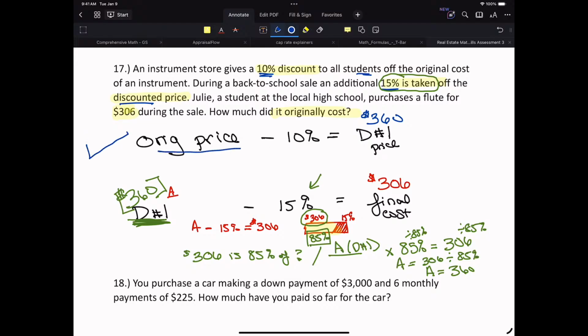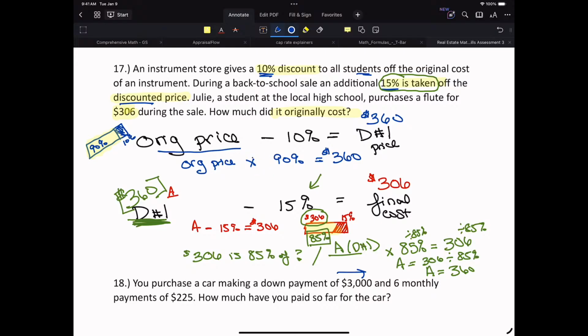So whatever the original price was, you ended up paying 90% of it, and that gave me $360.